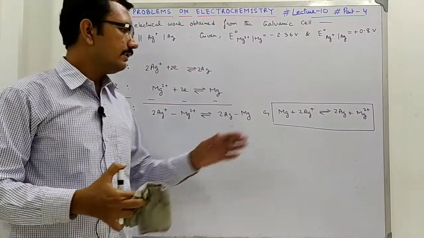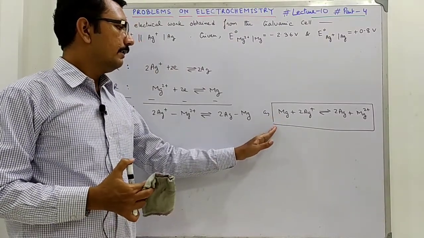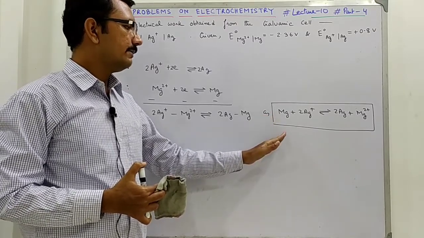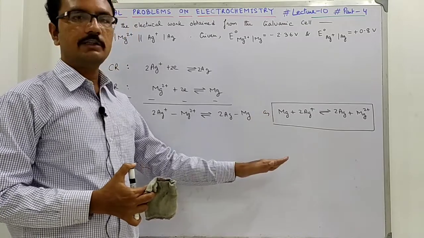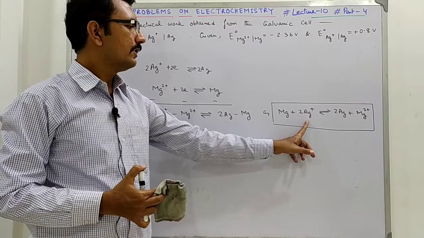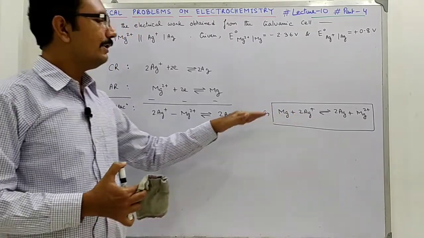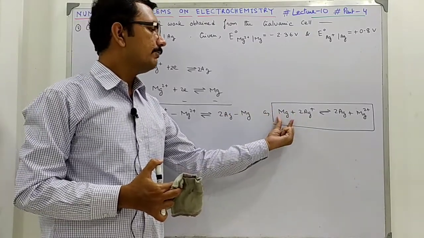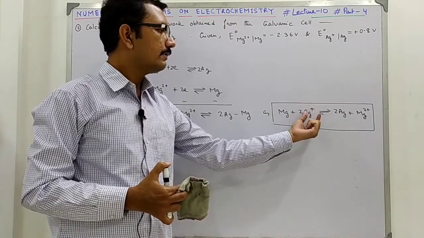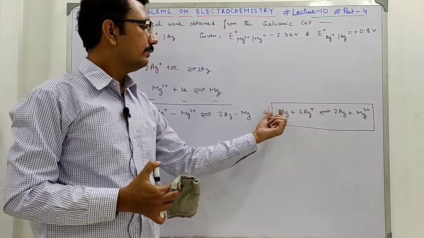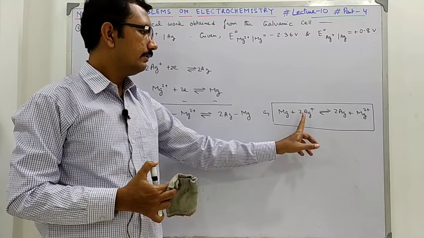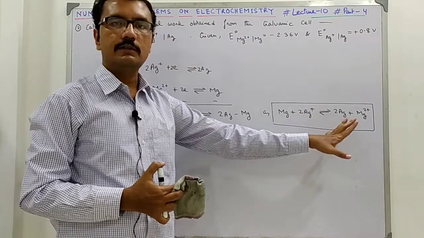Now, we know that magnesium is a highly electropositive element, and its electropositivity is greater than silver. So, in the cell reaction we will experience that magnesium will reduce silver plus to metallic silver.